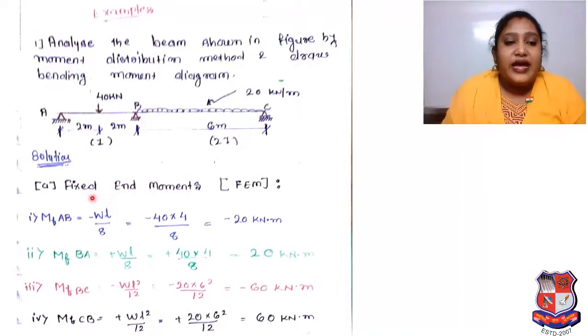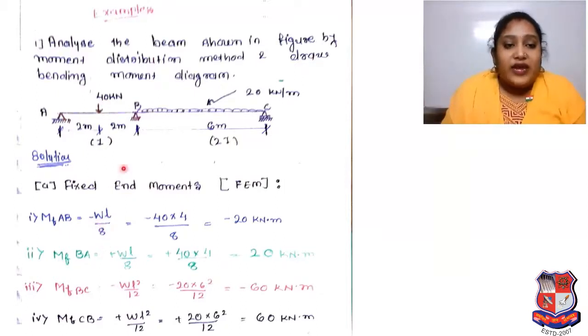So first, as per the steps, what we have to do? We have to find the fixed end moments, and we are aware of the equations of fixed end moments. Fixed end moment at AB, where a simple support and a point load are there, will be minus WL by 8.